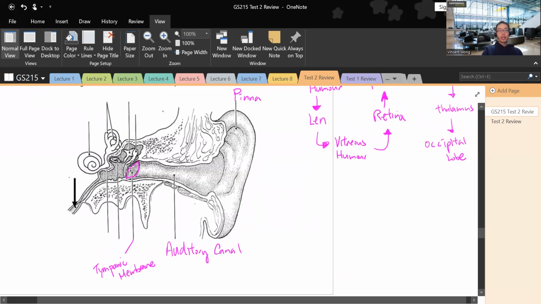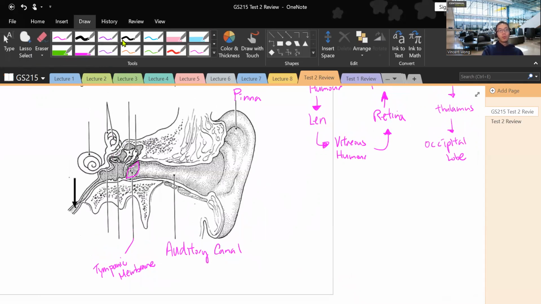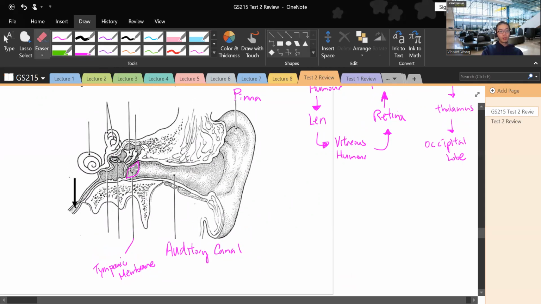On the medial side of the tympanic membrane, we have the three ossicles, starting with the malleus. Next, we have the incus. And then we have the stapes. Okay, you can use the other names as well, like the hammer, anvil, and the stirrup.